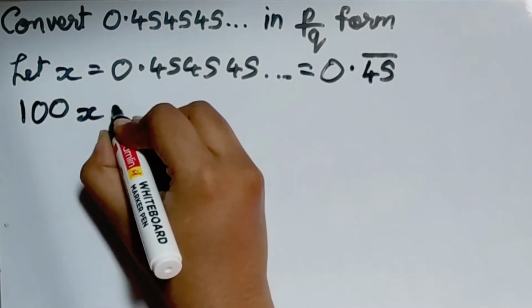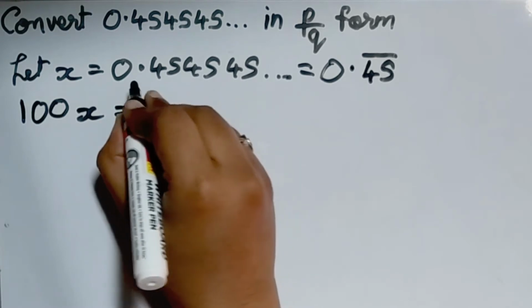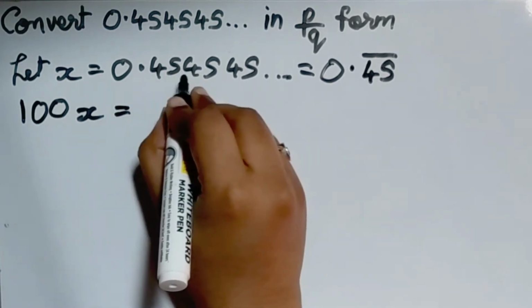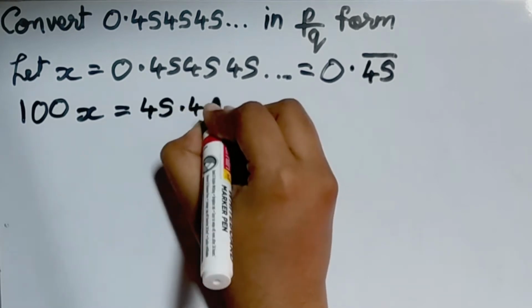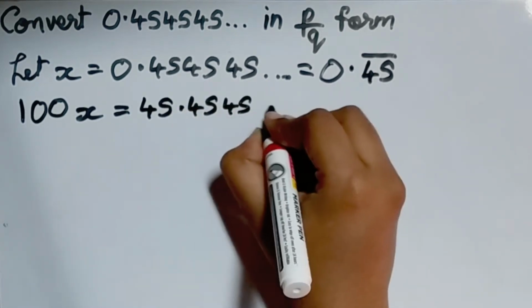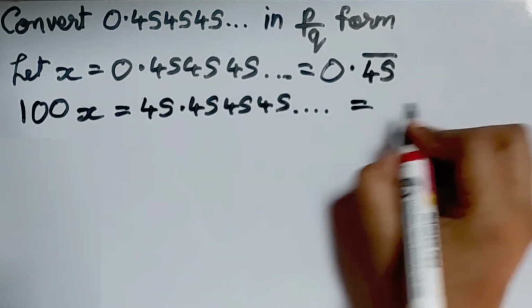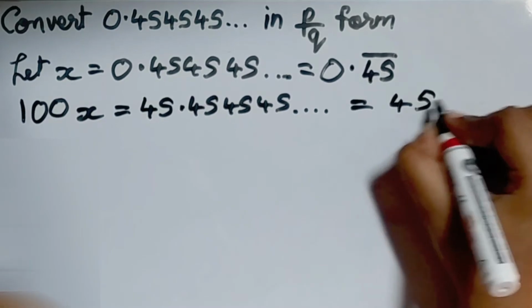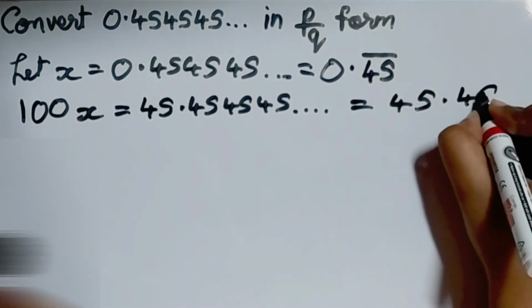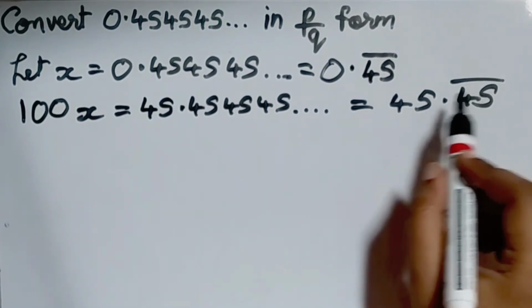If we multiply this number by 100, the decimal point will shift two places, so we will get 45.454545 and so on, equal to 45 point, with a bar on top of 4 5 since 4 5 is repeating.